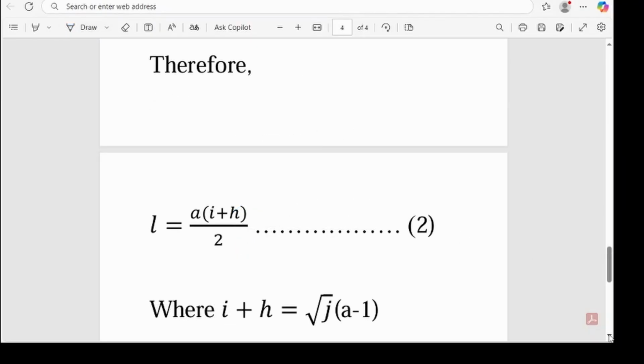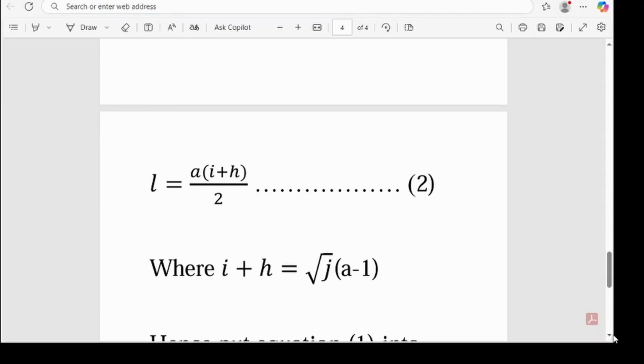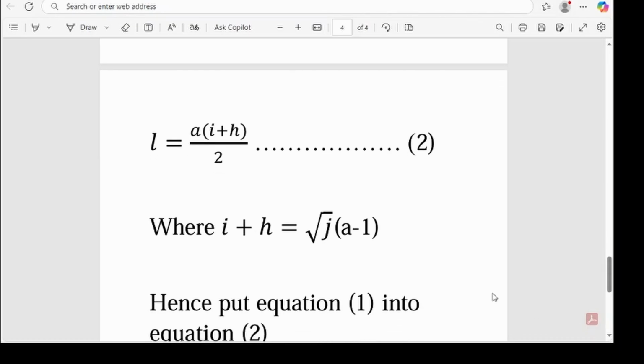Therefore, l = a(i + h)/2, and we would equate that as equation 2. So from this equation 2, we are going to find l.